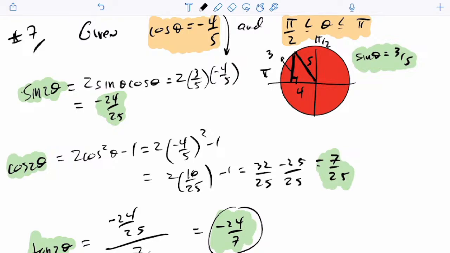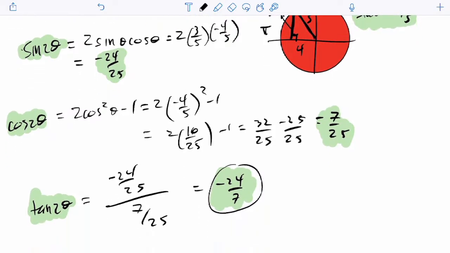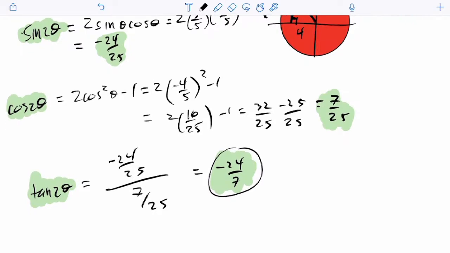Let me make sure. Okay, so there's the answer for 7. Isla actually wanted 4.